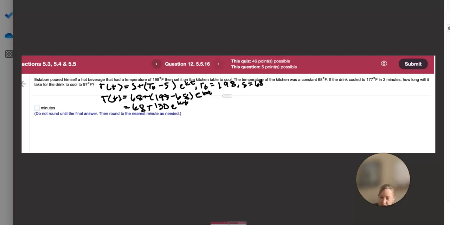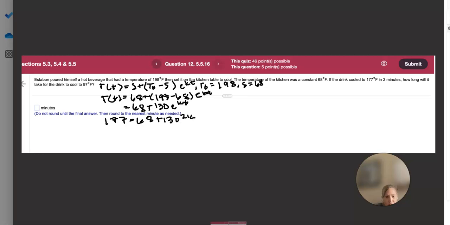Now the next thing to note is that they give you that after 2 minutes it cools to 177 degrees. So t equals 2 in this scenario, and 177 degrees is our T of t. We're going to plug that in. So 177 equals 68 plus 130 e to the k times 2, since t equals 2, and we don't know k yet.